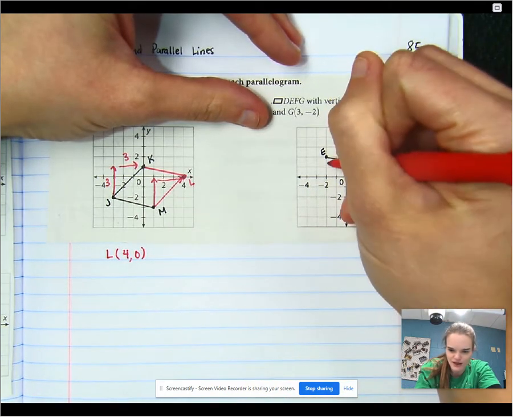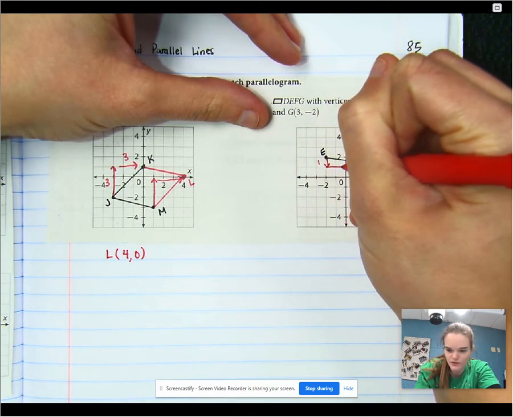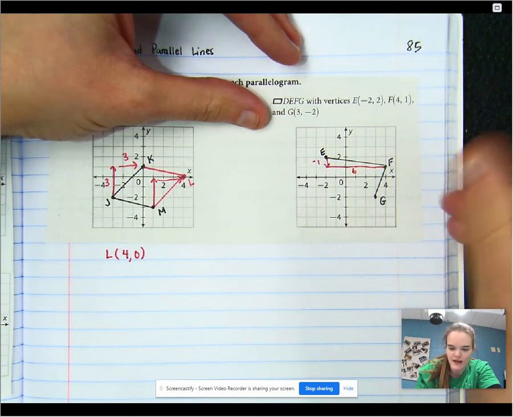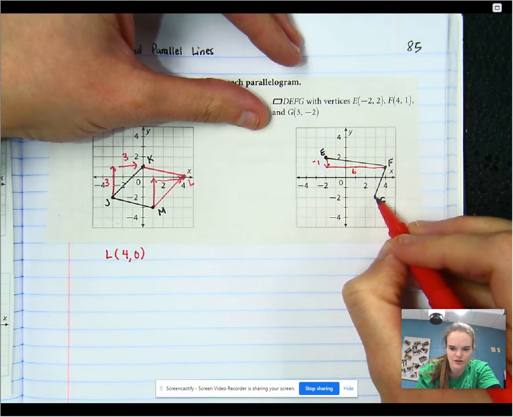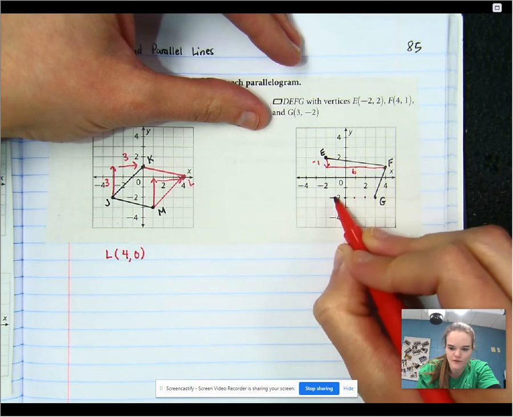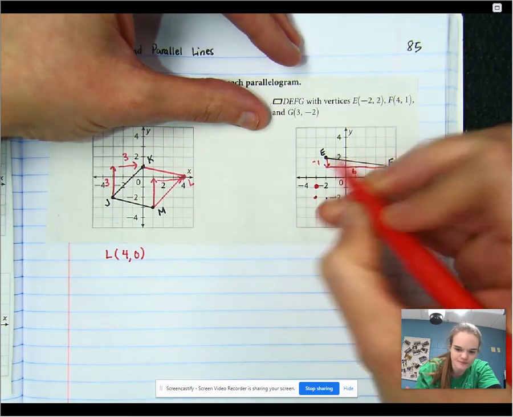Okay, so from E to F, we go down 1 and over 1, 2, 3, 4, 5, 6. Now, I can't actually go down 1 over 6. I'm going to have to do the opposite. I'm going to have to go left 6, up 1. 1, 2, 3, 4, 5, 6, up 1. So it should be right here.